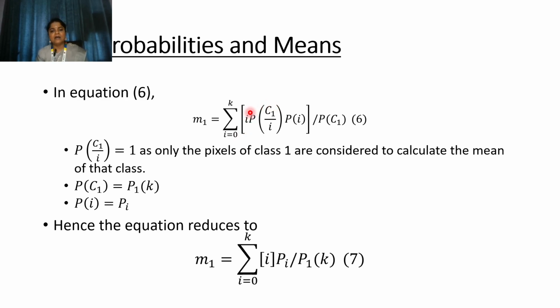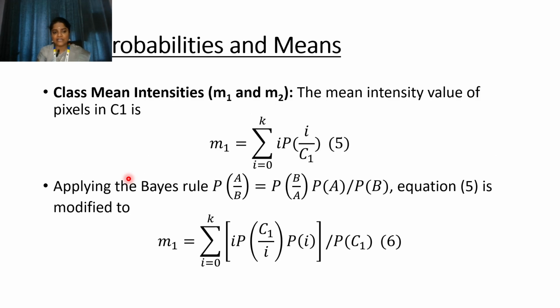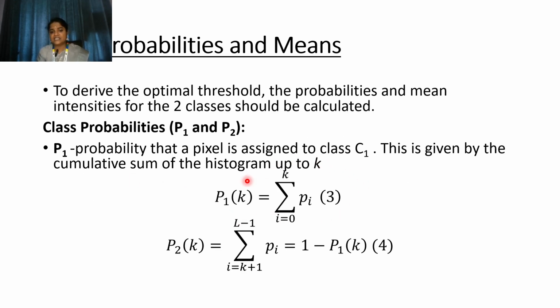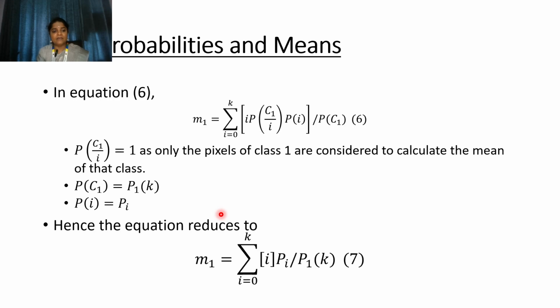So, obviously, probability of C1 given I is going to be equal to 1, as only the pixels of class 1 are considered. So, what is probability of C1? Probability of C1 is nothing but the probability distribution of class 1. So, we have already calculated this in equation 3. So, what is this? This is the probability of class 1. So, we are substituting probability of C1 with P1 of K.